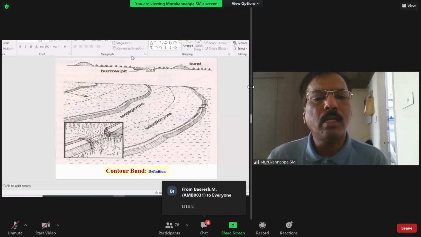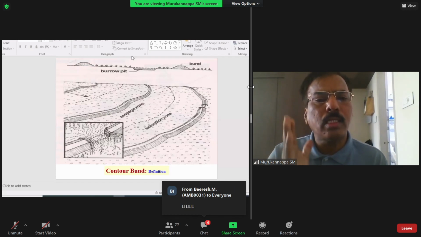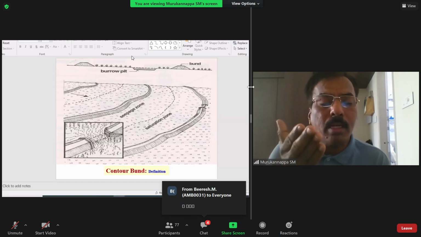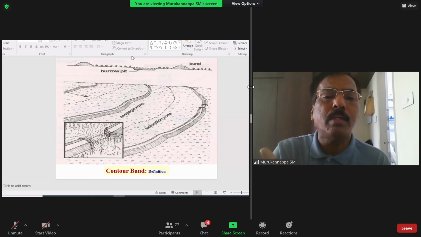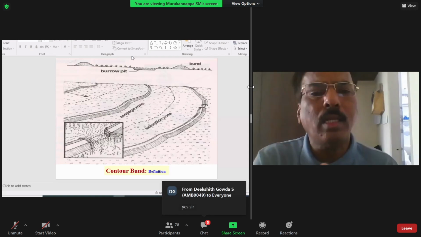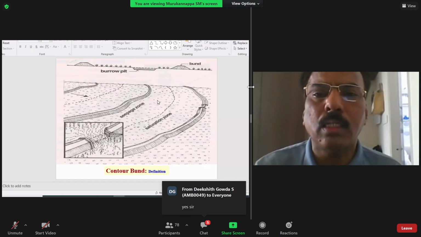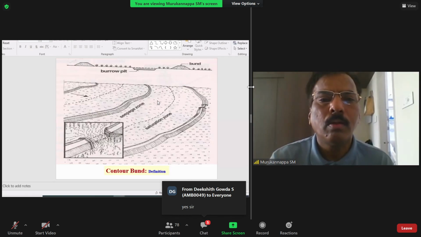If you want to conserve the rain by the agronomic practice itself, strip cropping is also one where you can conserve the rainwater by growing different strips of crops. That's all. Okay. Somebody is asking, I think, who is that?